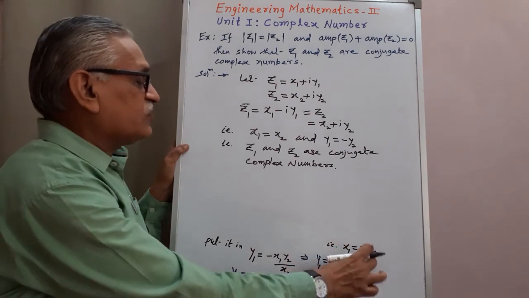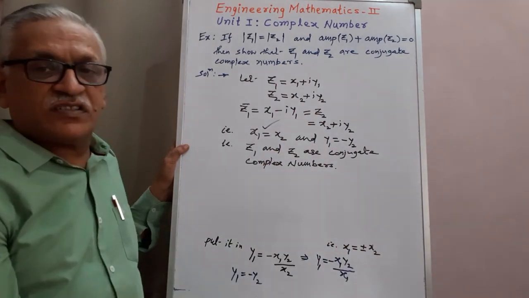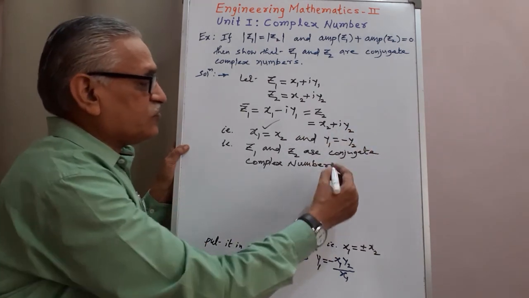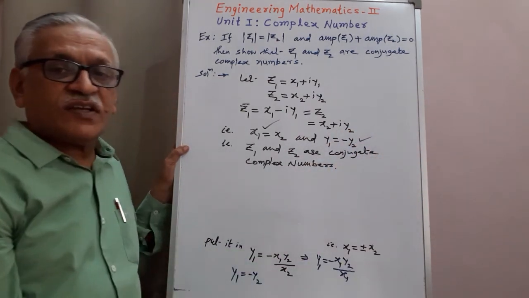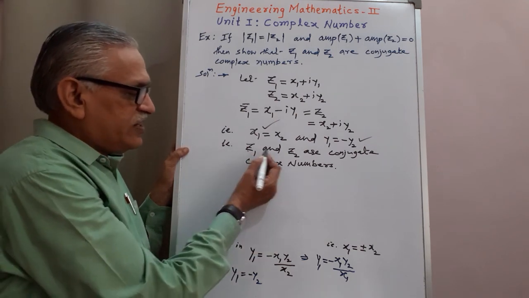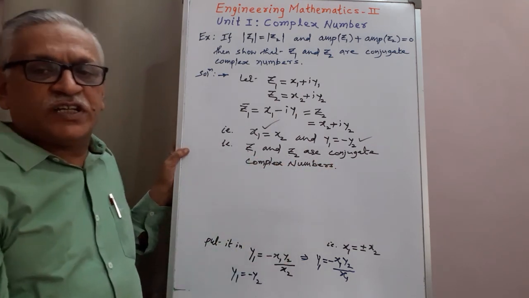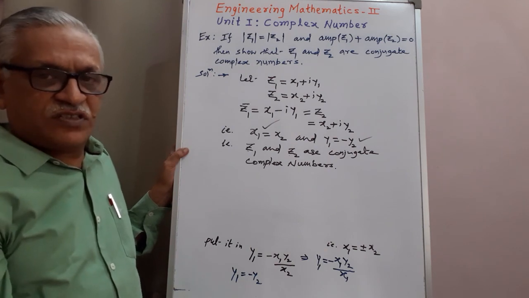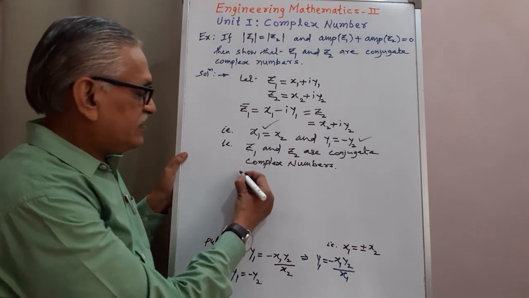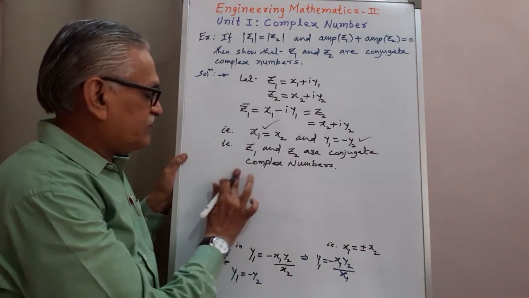Here we get x1 is equal to x2, first result, and the second, y1 equal to minus y2. And as we have these two results, it means that Z1 and Z2 are conjugate of each other, or these are conjugate complex numbers. Hence proved.